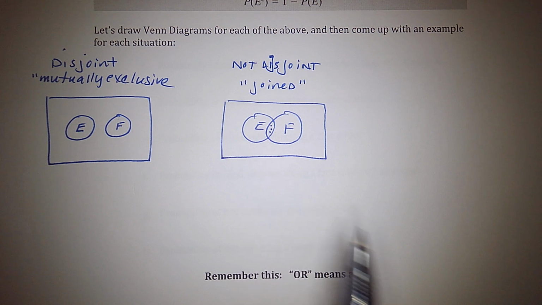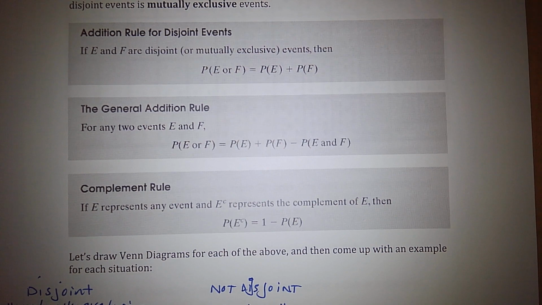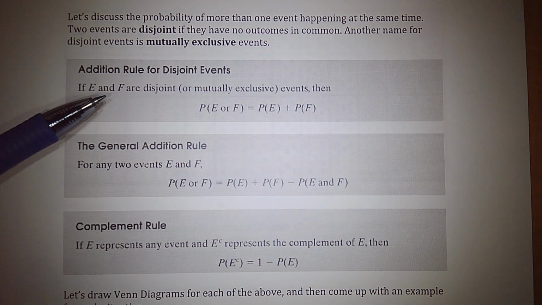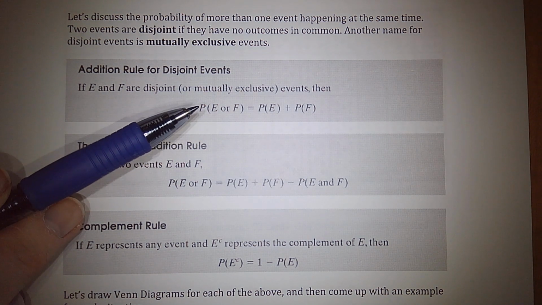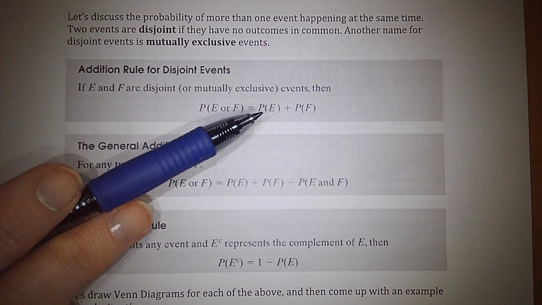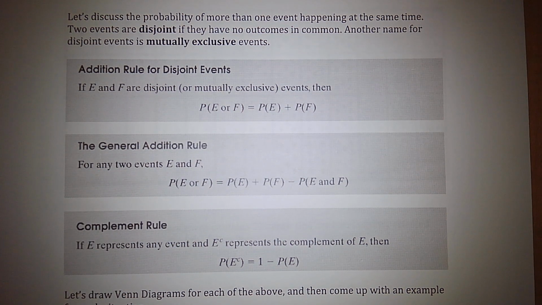Okay, so let's go back to the rules now that we know what the difference between mutually exclusive and not disjoint are. The addition rule for disjoint events says that if E and F are disjoint events, then the probability of E or F occurring is simply the probability of the two events added together.